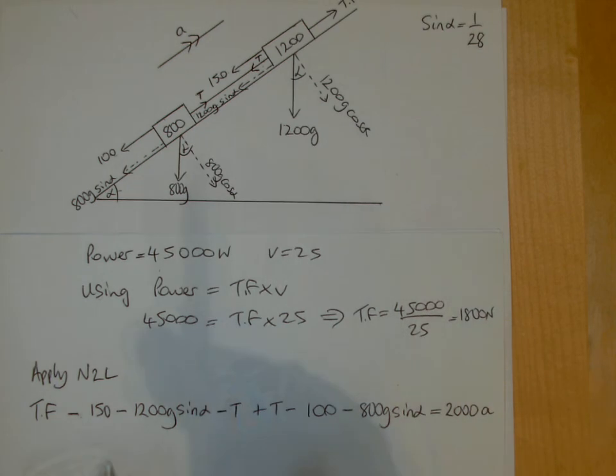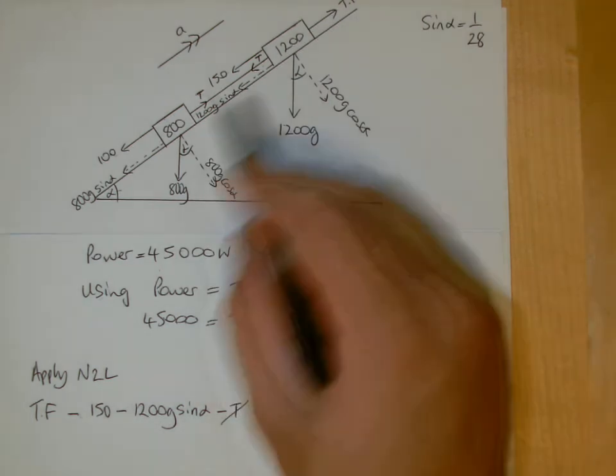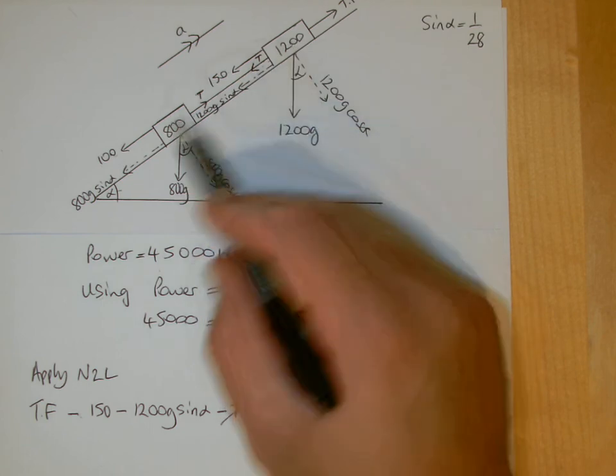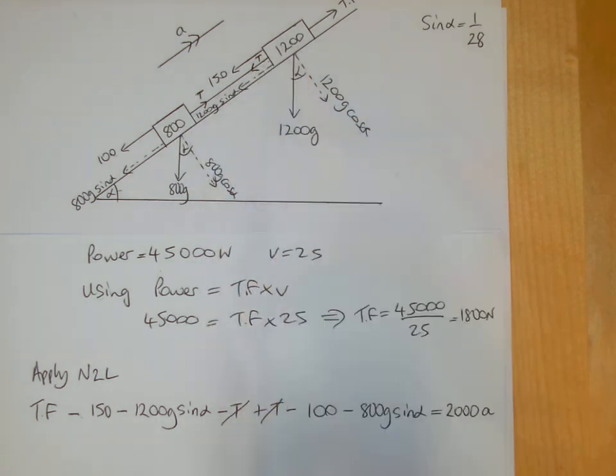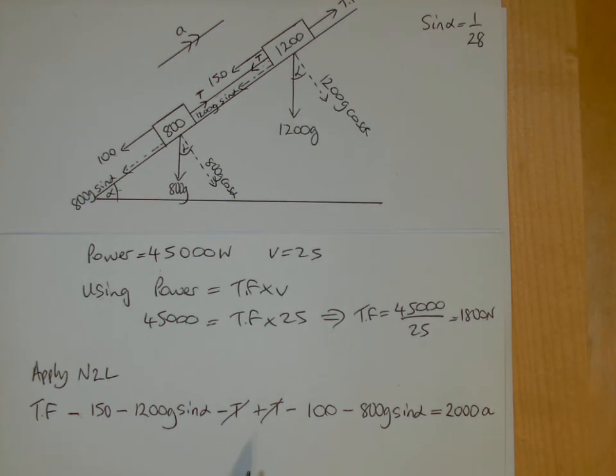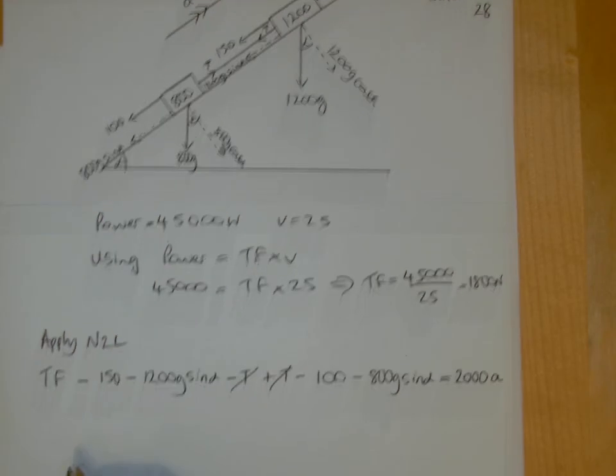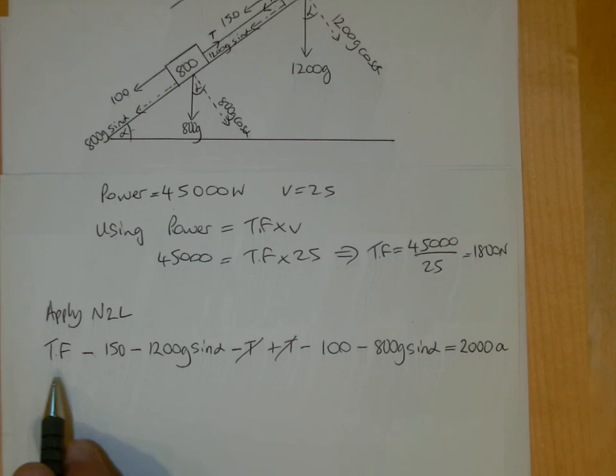We're thinking of it as one object, and that rings true when you see that the tensions cancel each other out. It's as if they don't even exist and the whole thing is connected. So what we're going to do is substitute in what we know.